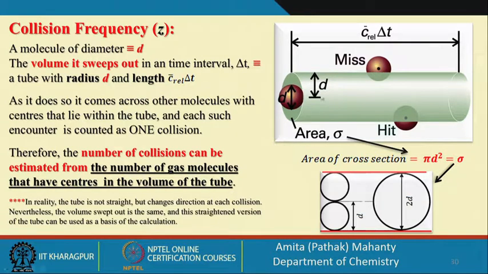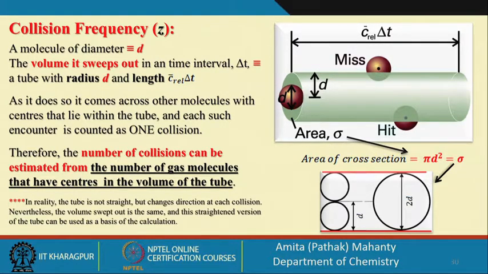So how do I define this? d is the diameter of the molecule. It is going to sweep a volume associated with the total volume swept at time t. To find the total volume swept in time interval t, we look at a tube with radius d, and with a length determined by the velocity.